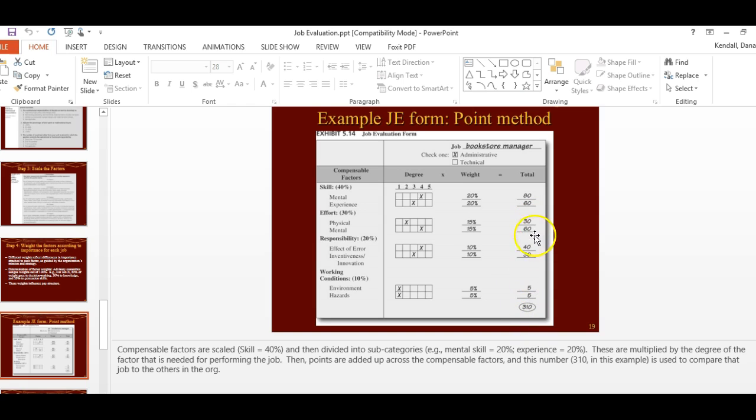And then we add all those together at the end and we get, voila, the final number, which is the whole point of what we've been doing, 310. So we did all of these steps to get to this 310. And we will have one of these final numbers corresponding to each position, and then we will rank order them and set pay from there. So that summarizes the point method.